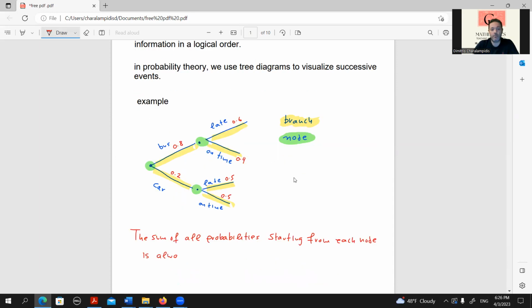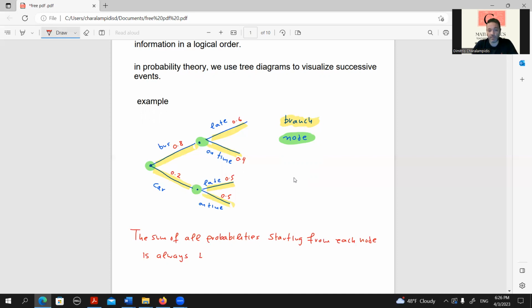Here in the first node, from where the options of bus and car start, we have corresponding probabilities of 0.8 and 0.2. So 0.8 plus 0.2 is equal to 1. In the next node, late and on time, we have 0.6 plus 0.4, again, equal to 1. And finally, 0.5 and 0.5 also add up to 1.